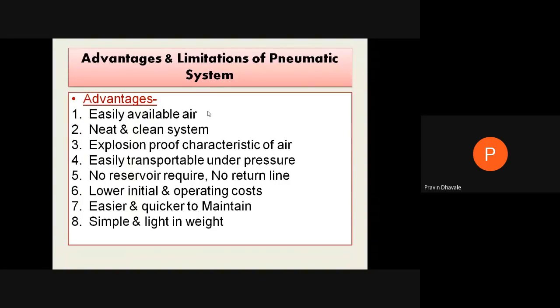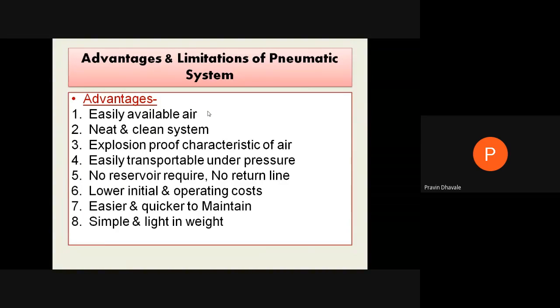So these are some of the advantages listed on the slide: easy availability of air, clean and neat system, explosion-proof characteristics, easily transportable, no requirement of a reservoir and return line, low initial and operating cost, easy to maintain, and one of the most important, simple in construction and light in weight.